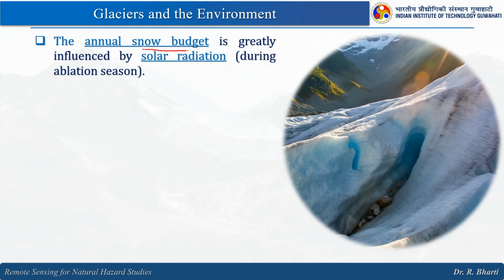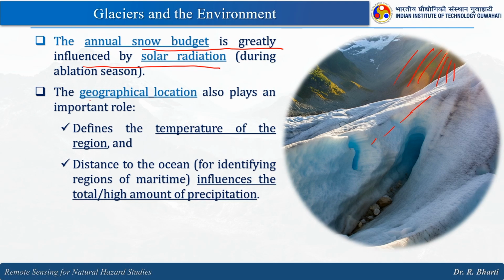The annual snow budget is greatly influenced by solar radiation, because solar radiation is the only source from where we are getting the energy to melt these glaciers, right. So the geographic location plays a very critical role here, whether this region will have high temperature or low temperature, that will be decided by the location.